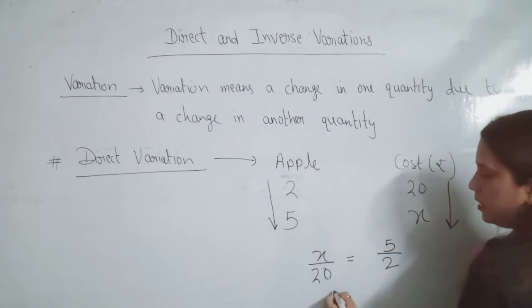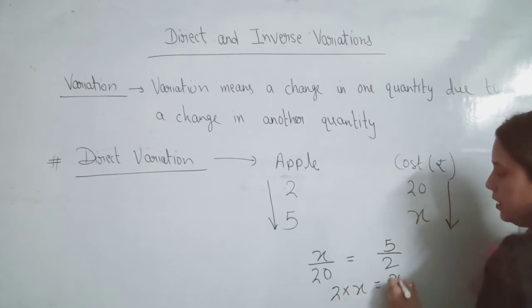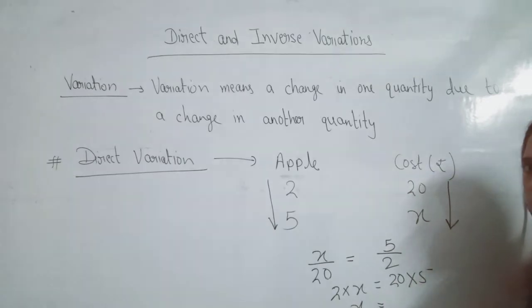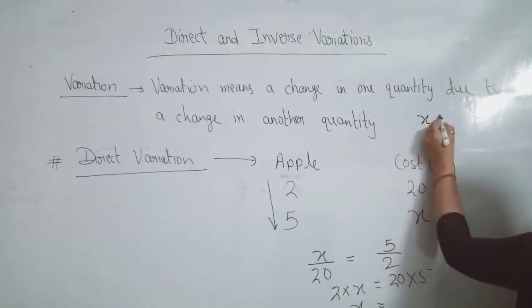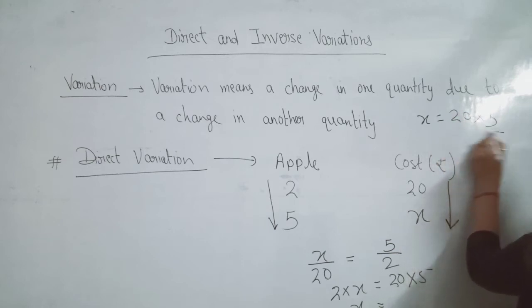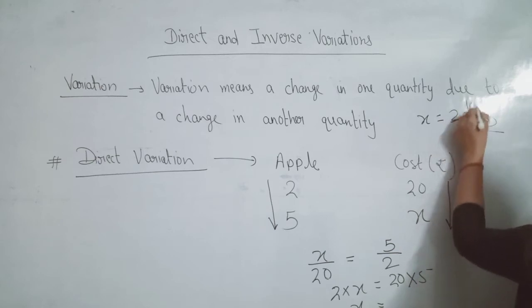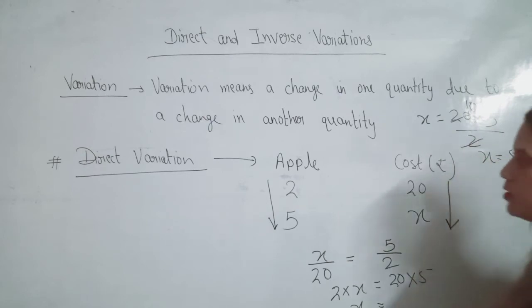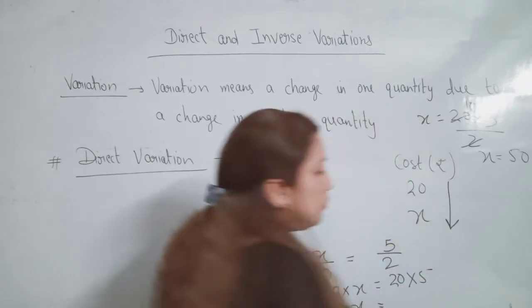Now do the cross multiplication. 2 into x is equal to 20 into 5. So x will be 20 into 5 upon 2. 10 into 5, 50. x is equal to 50. So the cost of 5 apples will be 50 rupees.